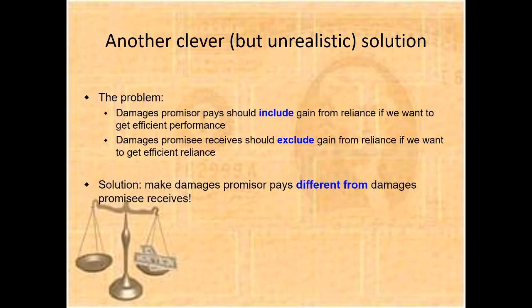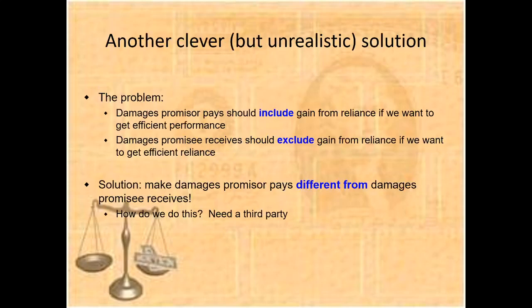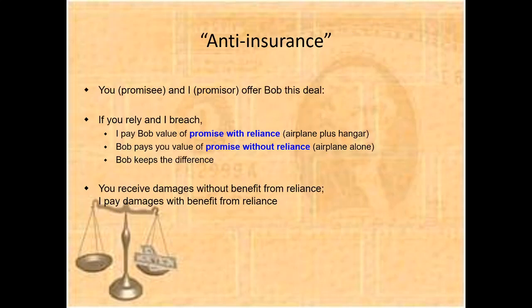So the solution is to make the damages the promisor pays different from the damages the promisee receives. So how do we do this? Again, we need a third party. So you are trying to bring a third party into the picture. These are different possibilities with the negotiation and renegotiation of the enforceability of contract and the problem of contract.